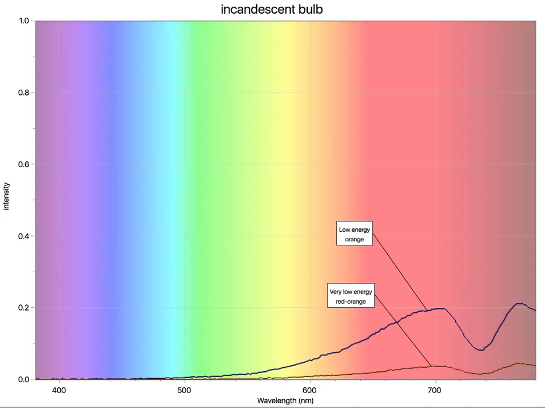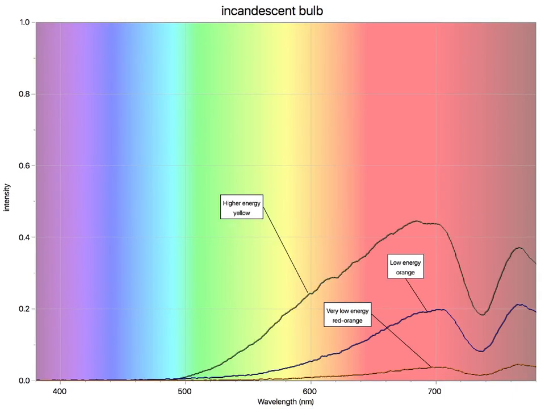The second trace in this graph is the spectrum when more energy is supplied to the filament and it glows orange. Here, the third trace, when even more energy is supplied to the filament, is shown. Note that the intensity increases, but also that more of the output is shifted to the shorter wavelengths.